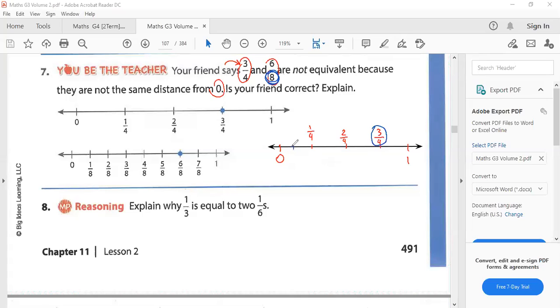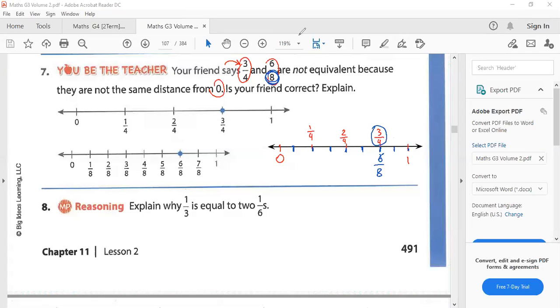So this is 1, 2, 3, 4, 5, 6, 7, 8. Okay, they are 8 now. Where is 6 over 8? Exactly in front of 3/4 will be here, 6/8.